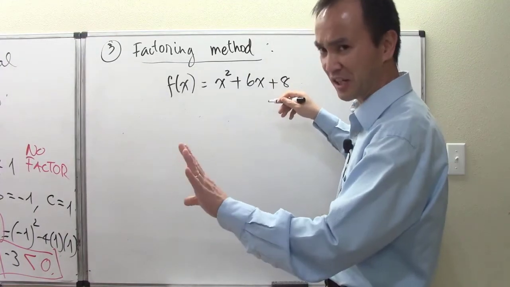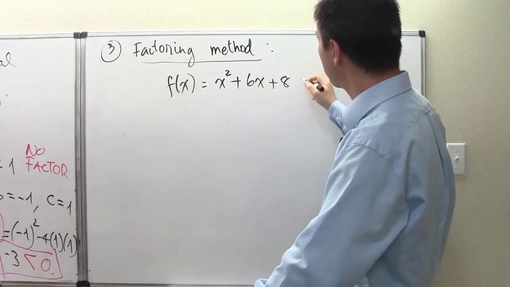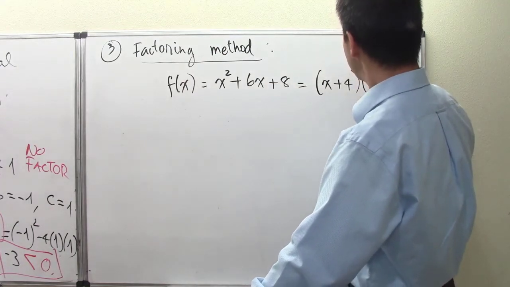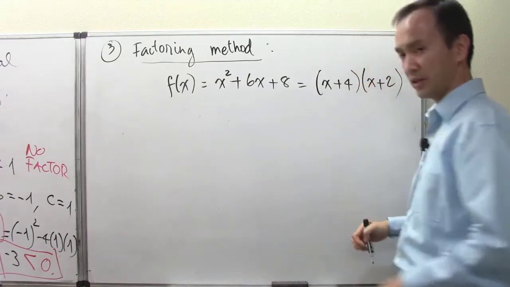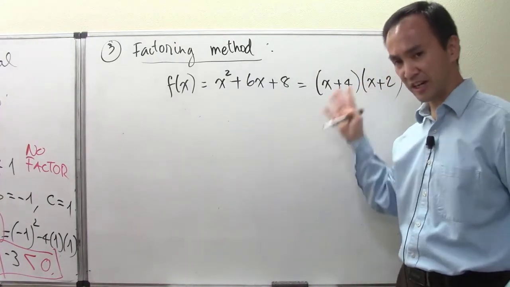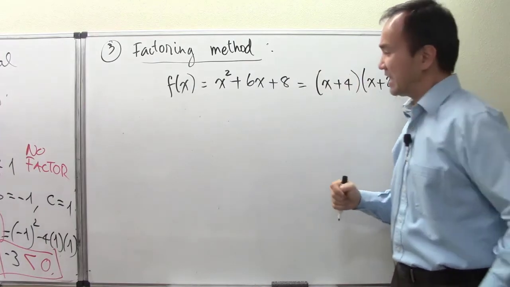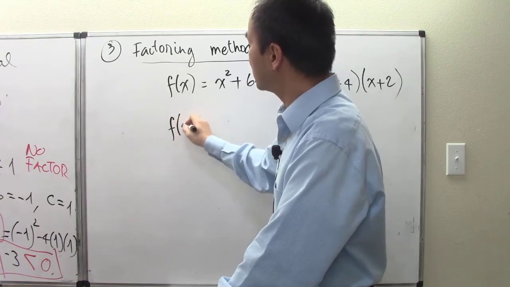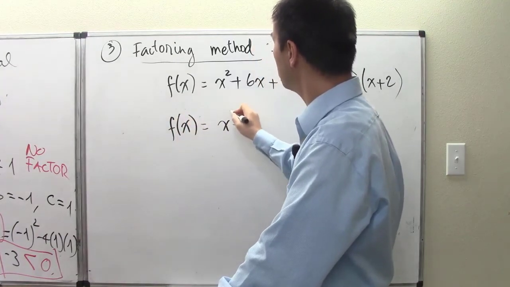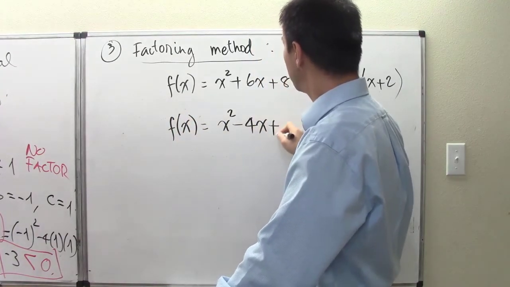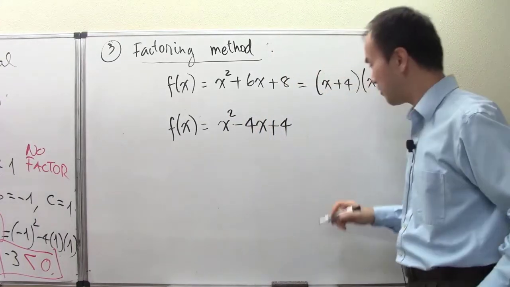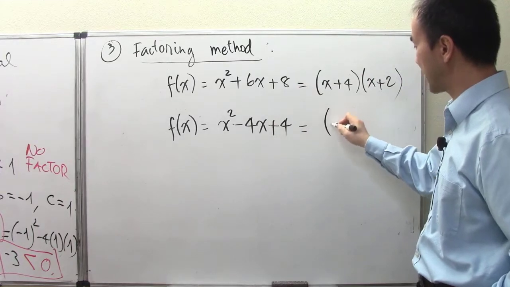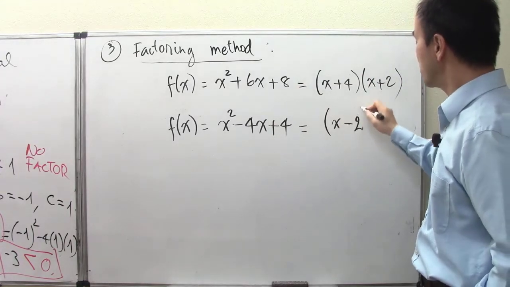We were successful in finding the factor product, turning it into x plus 4 in product with x plus 2. Then we came down to the later one, x squared minus 4x plus 4, in part B of our example. We were once again successful in finding the factor product, and as a matter of fact, we ended up with two identical factors.